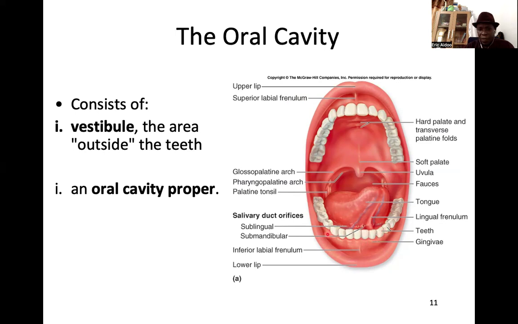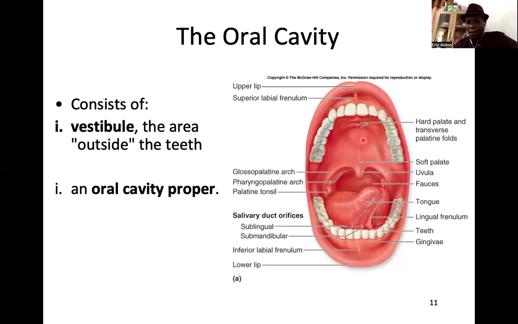Obviously, you expect to have some orifices, okay? So glands open into the oral cavity to secrete some products, like the salivary glands, you expect to have some of them there. And obviously, the sublingual and submandibular glands of the salivary glands will also make their presence known.